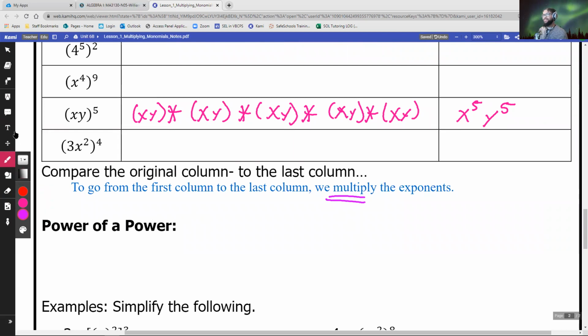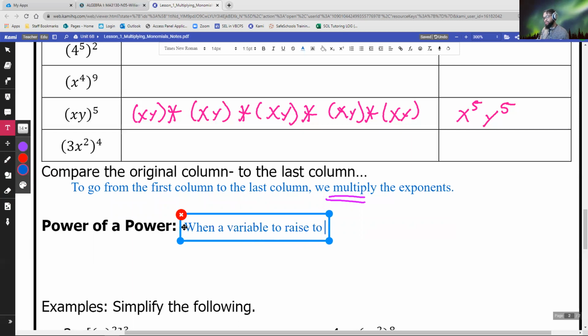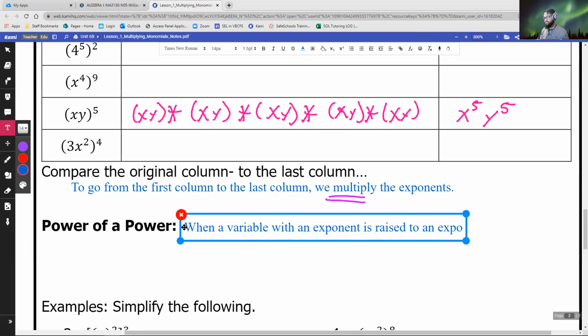So to put that into words for my linguistic people, when a variable that's already raised to an exponent is raised to an exponent, we multiply the two.